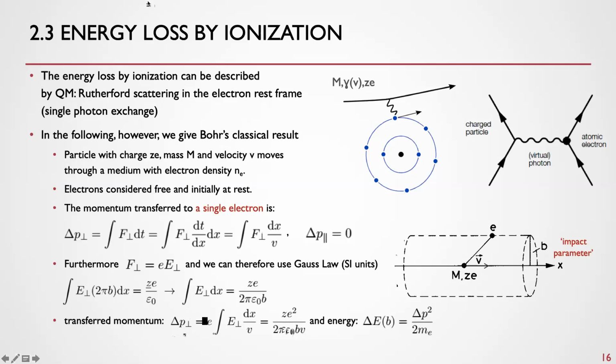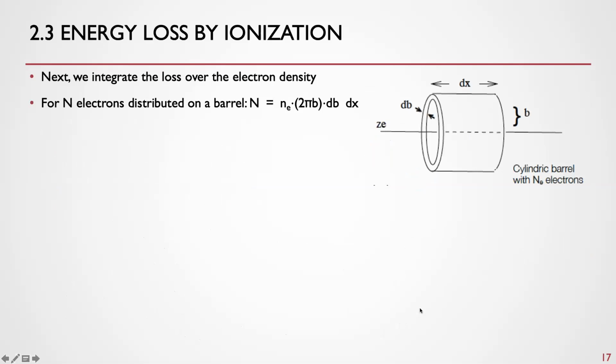And from the momentum transfer, it's non-relativistic, we compute the energy transfer. So the energy transfer is just delta p squared over 2 m_e. What you get to do now is take the expression for the momentum transfer, insert it in the energy transfer to the electron, and simplify the constants.